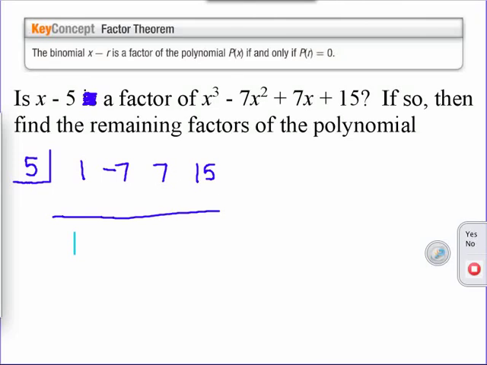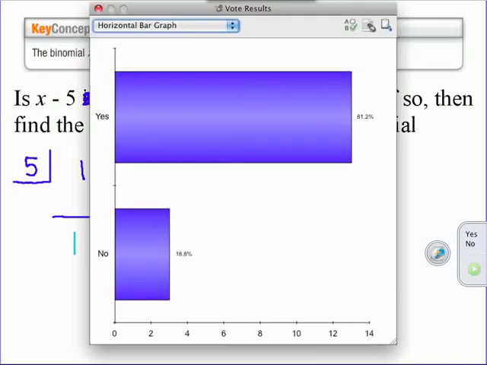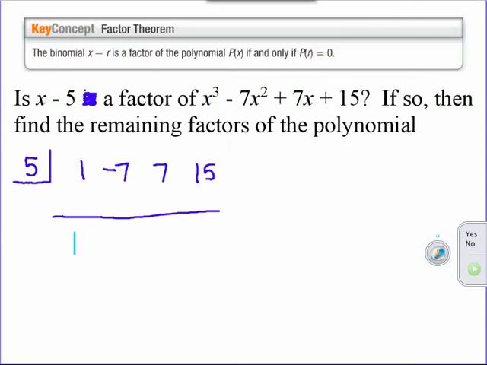Yes or no? Remember, if it's a factor, your remainder is 0. So let's see. Is it a factor? Yes or no? Yes, good job. It is a factor. Now this one isn't coded because I just asked it on the fly.